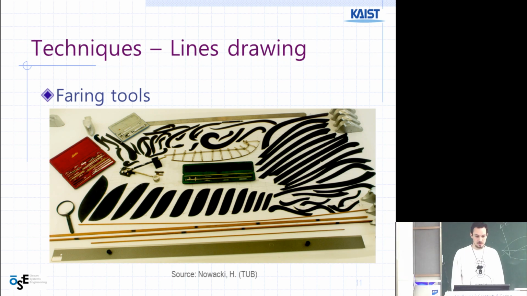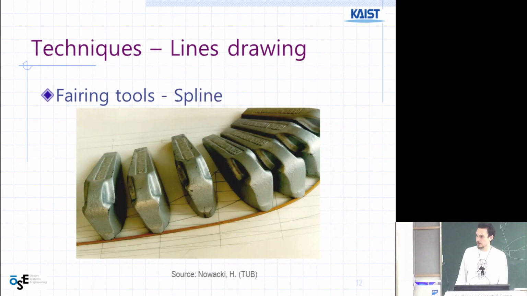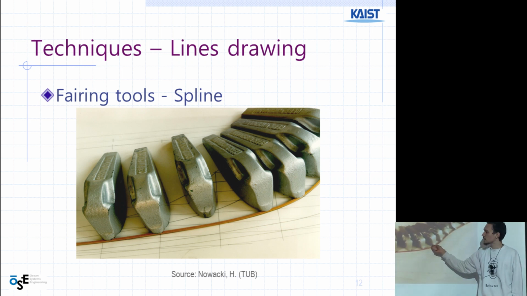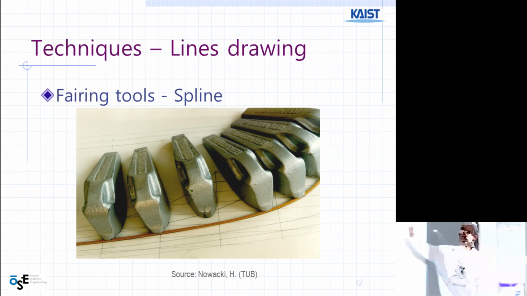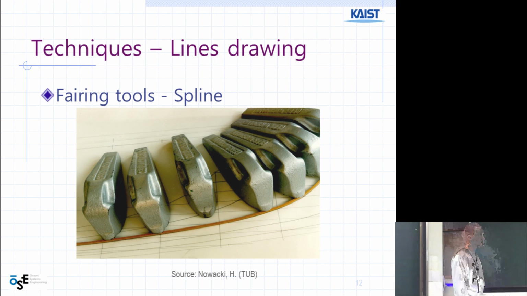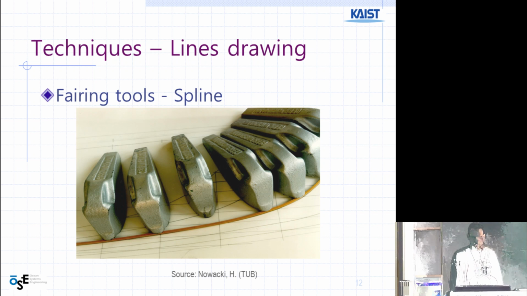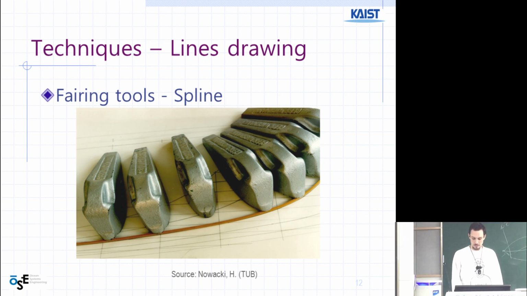For example, to draw a spline, we set the points where we want the line to go. We put weights on them, and then we bend a piece of wood between them, and this piece of wood naturally has the perfect shape of the line. So that's an example.